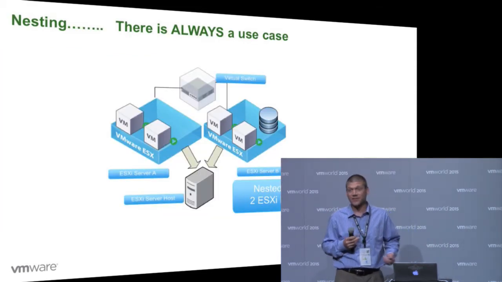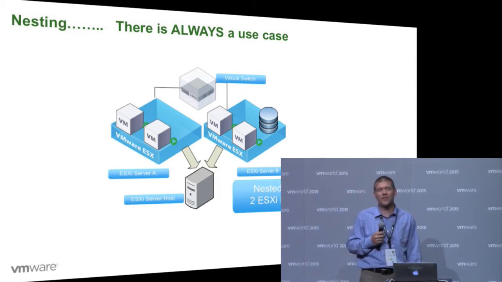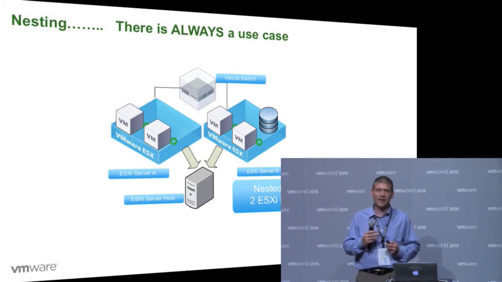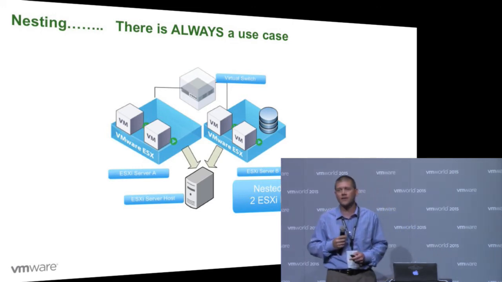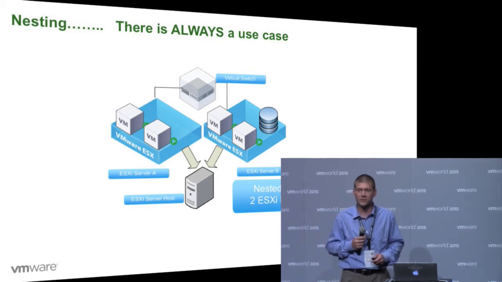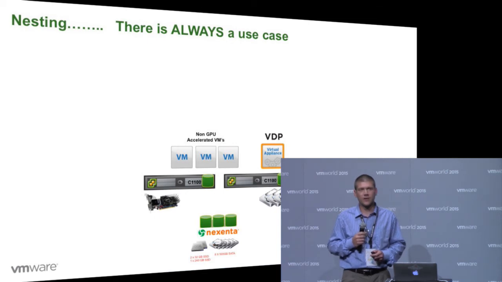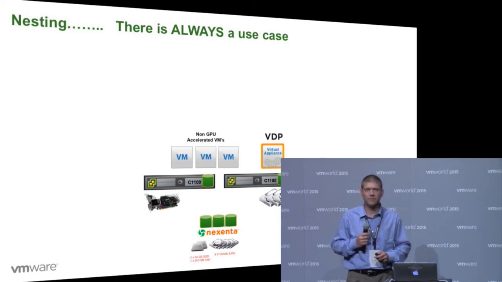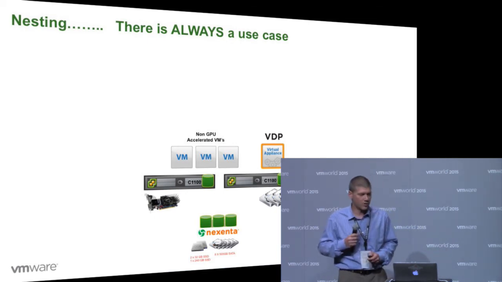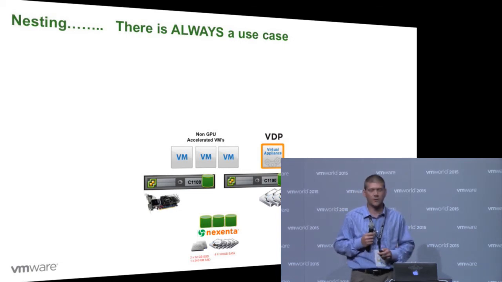This actually was really fun to see whether or not this would work, and it turns out it did. For those of you that aren't familiar with nesting, basically that's running an ESXi host inside of an ESXi host, mostly used for home lab and experimentation, right? My use case was I had 6.0 down here on the base platform, and I had my GT640 card in one of my hosts, and I had non-GPU accelerated VMs.